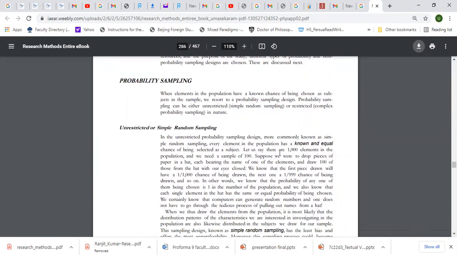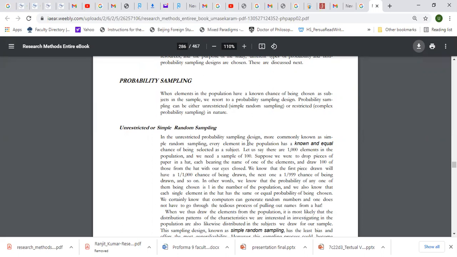The first type is unrestricted or simple random sampling. In this type of sampling, as the name suggests, you can randomly select a sample from the population.